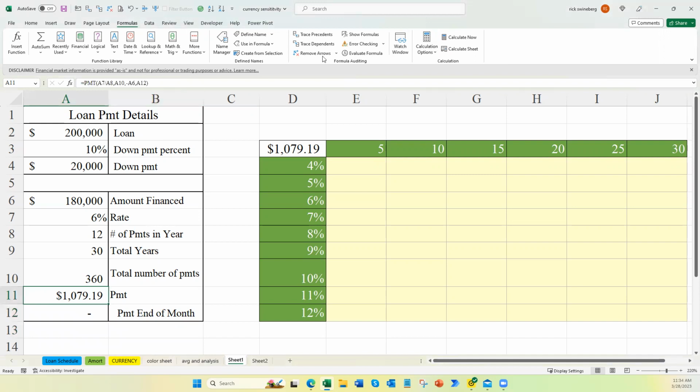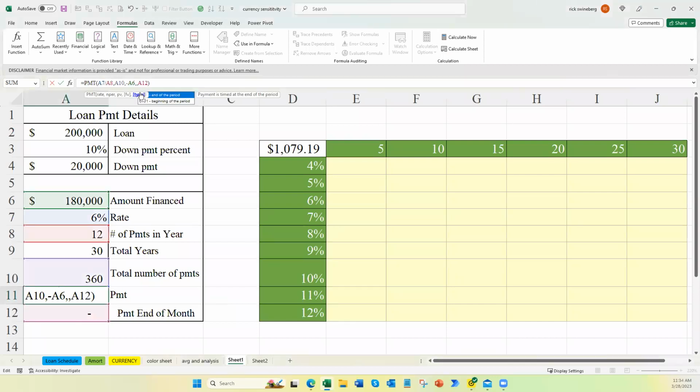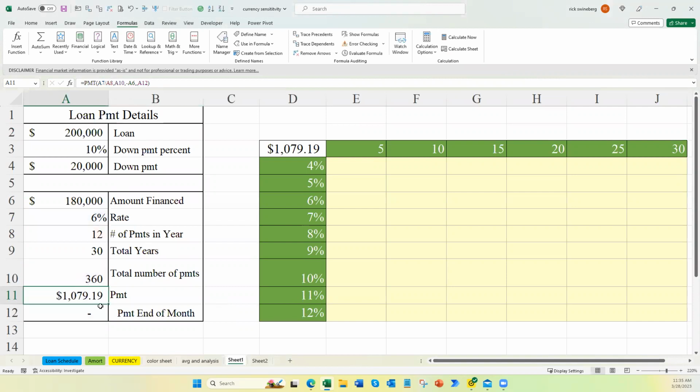Okay, this is right here. When you punch that in, it comes here and it says end of period or beginning of period. So 0 represents the end of the period, but if you put a 1 in there, it's a different payment. It goes down a little bit.